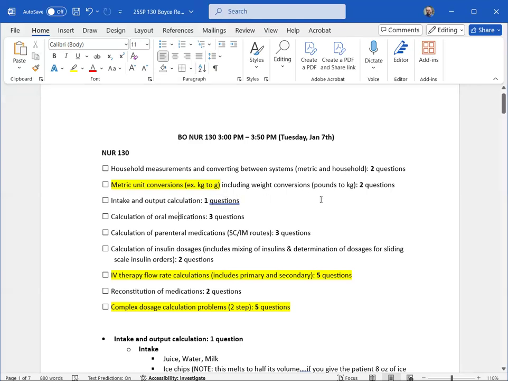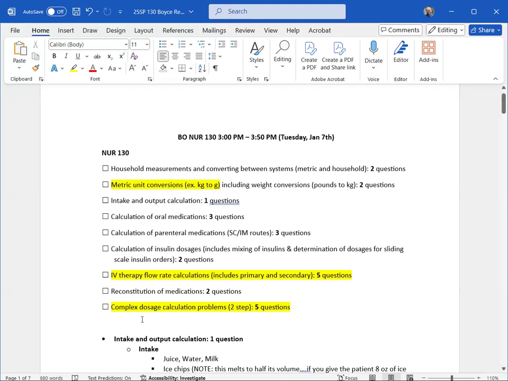All right. So you've pretty much seen everything on the 110 test. The thing that's different is the IV flow rate. So the flow rate question, you're going to have calculating milliliters per hour or calculating drops per minute. So that's new for you this semester.